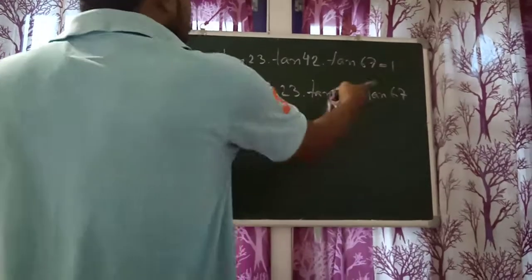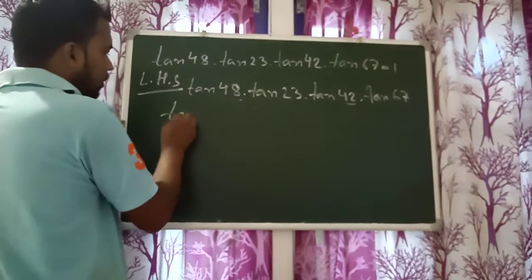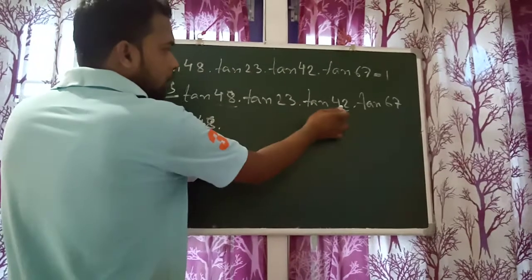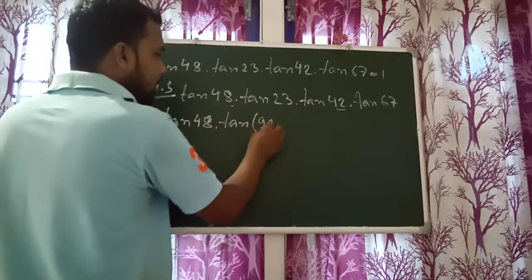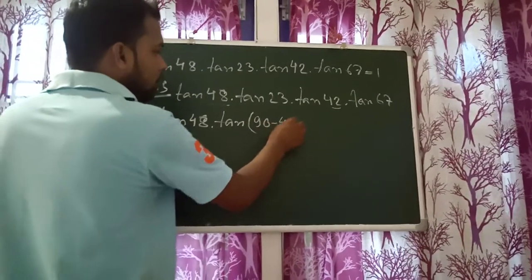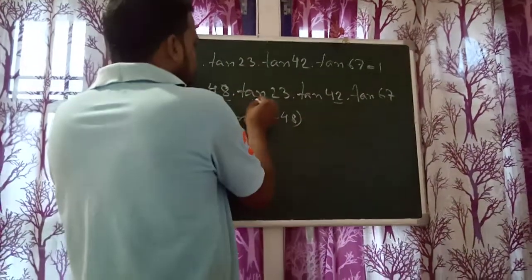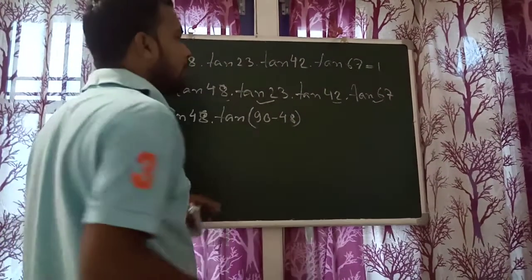Now, tan 48 into this one, tan 42 can be written as 90 minus 48. Okay? Then again, if you add 23 and 67, we are getting how much? 90.